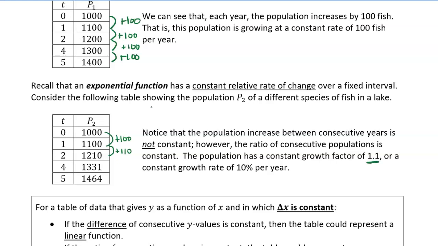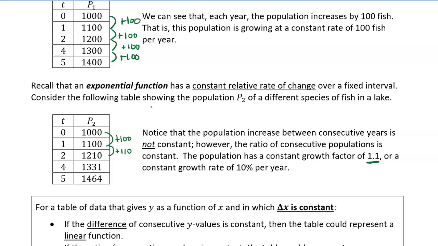So if we take 1,000 times 1.1, we get 1,100, and then take it times 1.1 again, you get 1,210, and so on. If you look at the relative rate of change of this second population, the relative rate of change is constant.